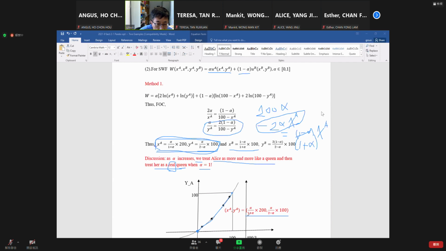So this solution is quite intuitive, right? That's why we introduce such a social welfare function in this way. This way is a little bit childish, quite simple, but it can help us understand something rather bigger.